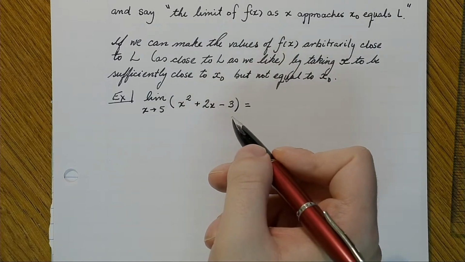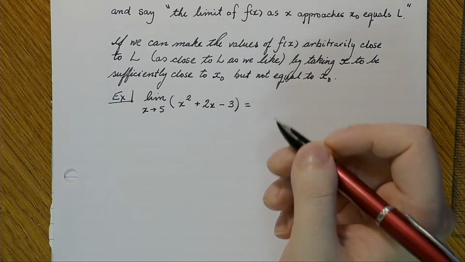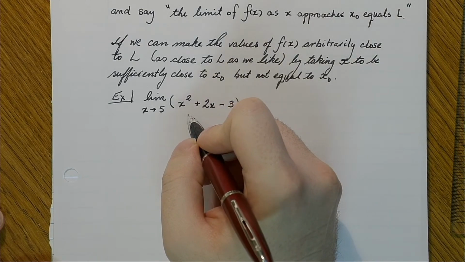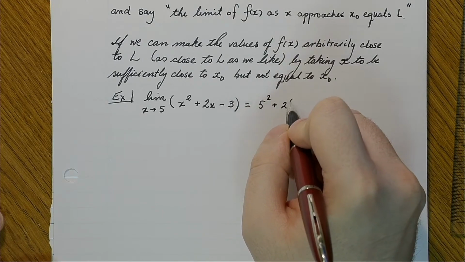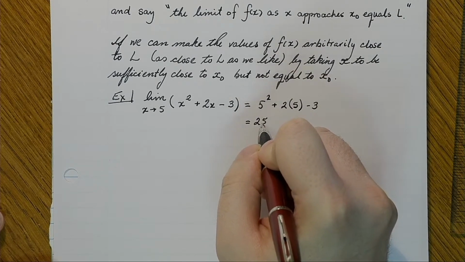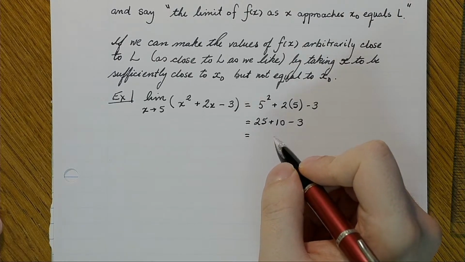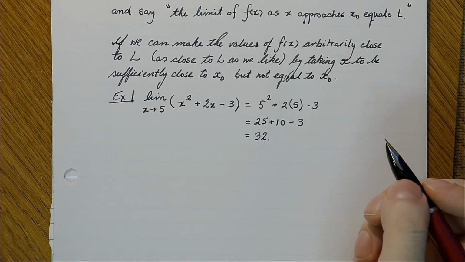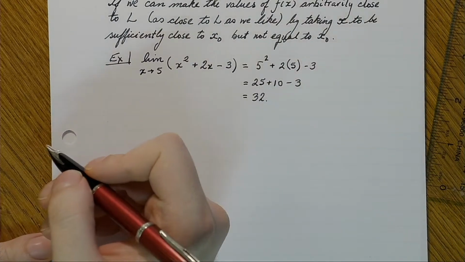And actually, this function is continuous, so we should be able to make that equal to it. If I plug that in, intuitively I would expect it to be 5 squared plus 2 times 5 minus 3. So it's 25 plus 10 minus 3. 25 plus 10 is 35, minus 3 gives me 32. So that's my intuitive thinking about it. But it'd be nice if we were a bit more precise.